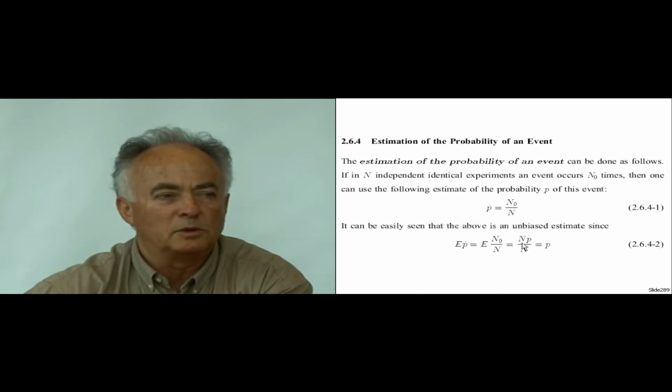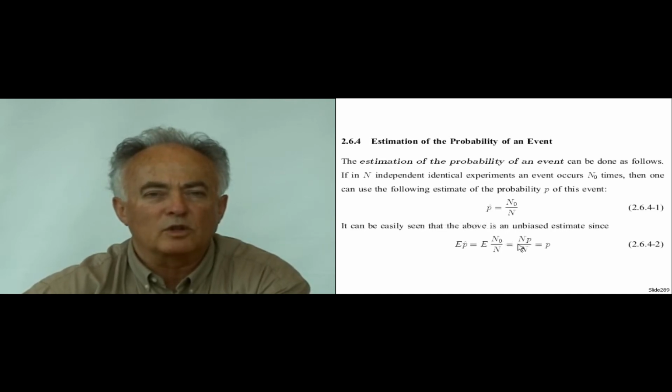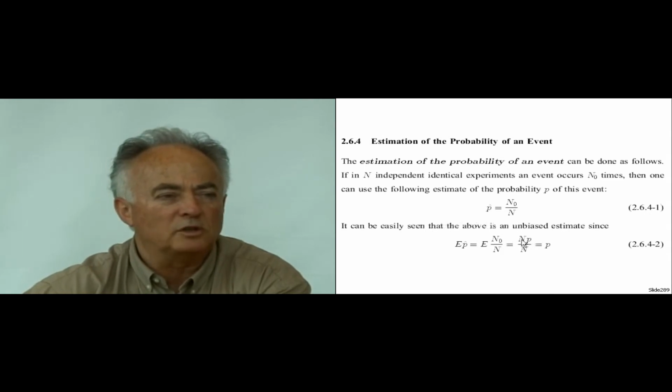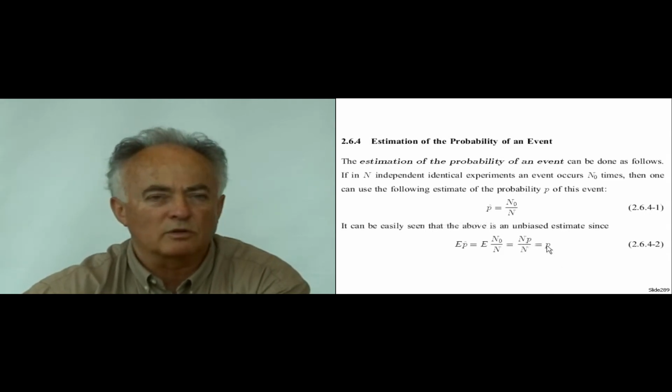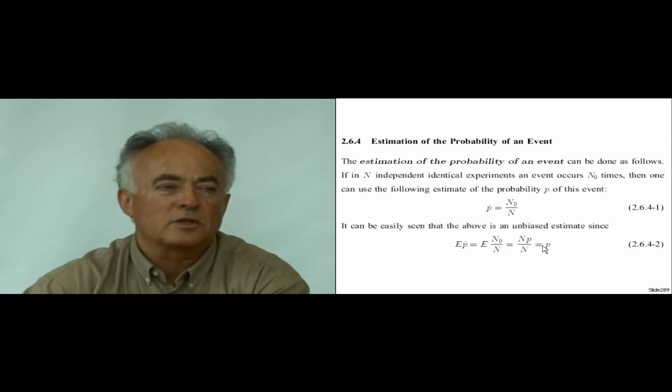If there is a true probability p, the expected value of the number of outcomes is n, the number of experiments, times the probability p. So clearly n cancels and the result is p, the true value. So conclusion number one, this is an unbiased estimator.